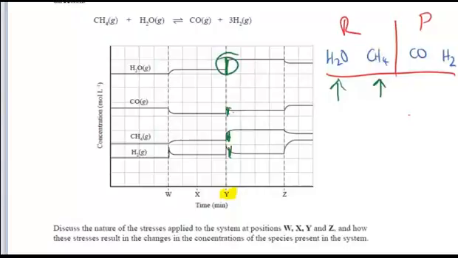It's almost as if we're getting an addition of reactants and products across the board all at once. How can the concentration of gases all suddenly appear to increase and then change? That can only happen if we get a sudden decrease in volume. That means we're really increasing the pressure, but if we decrease the volume we're increasing the concentrations.